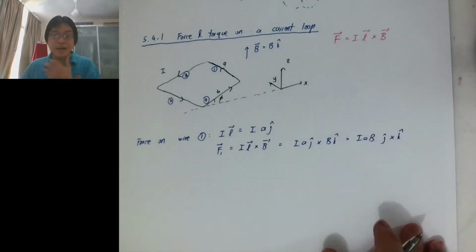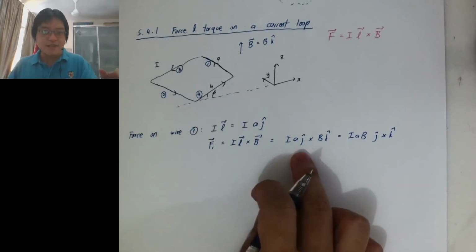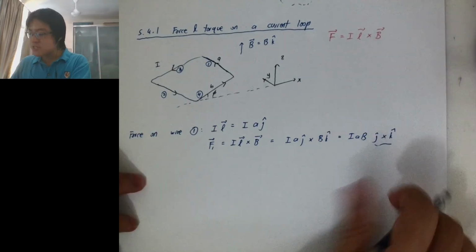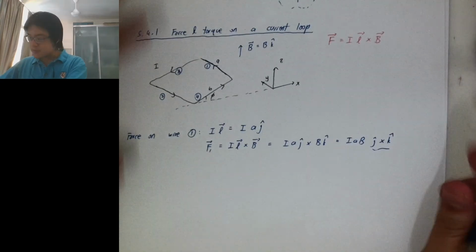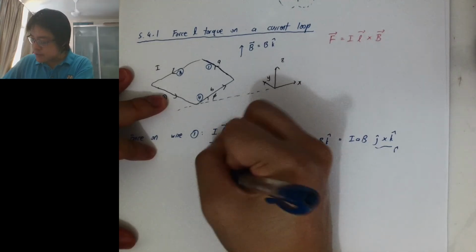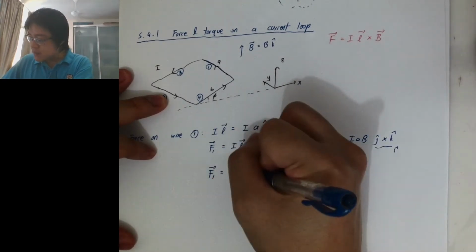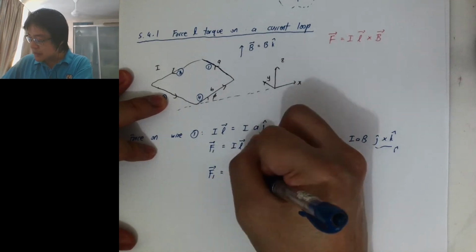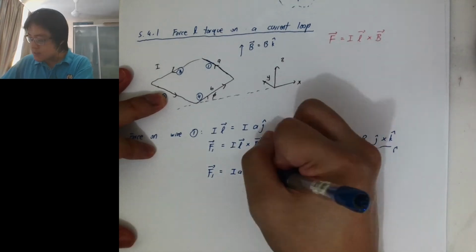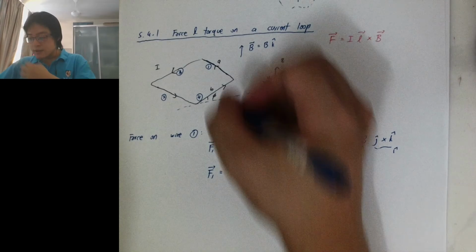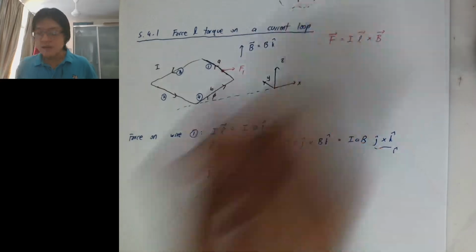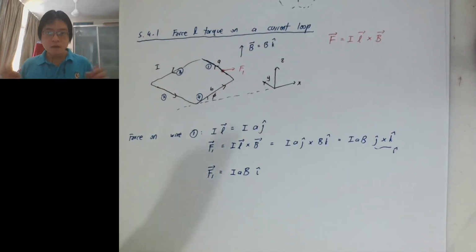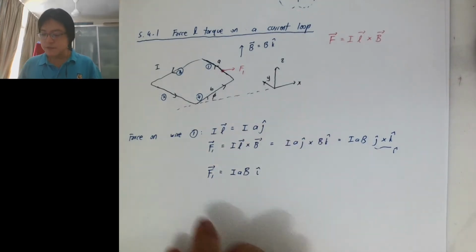This is my personal taste: I like to write everything in terms of ijk, because now that I have j cross k, it will give me i. So the force acting on wire 1 has magnitude equal to the current times the length of that piece times the strength of the magnetic field, and is going in the i direction. So this piece of wire is experiencing a force acting in this direction. Okay, so that is the force on wire 1, right?